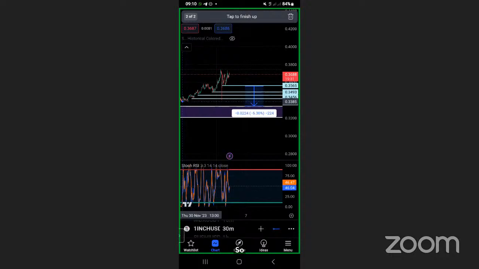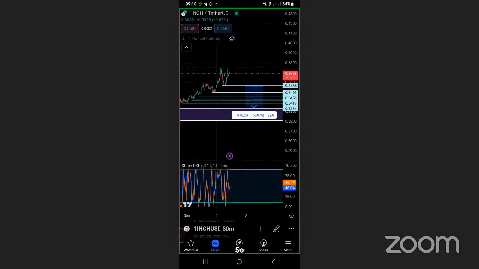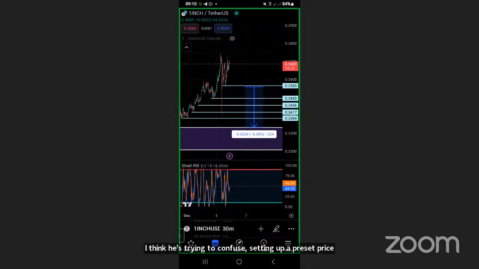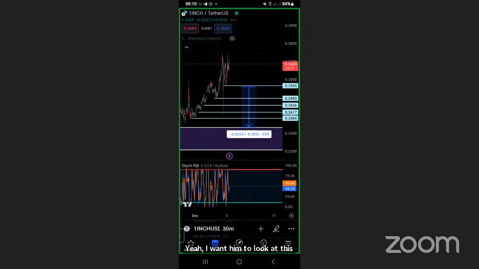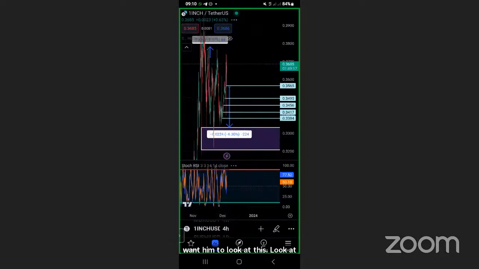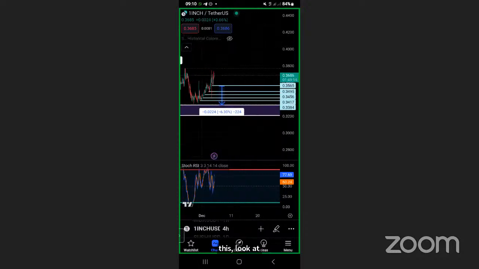So I think he's confusing this with setting up a preset price. I want him to look at this. In the 4 hours time frame, when you were measuring the drop, it was about -6.3. Right?